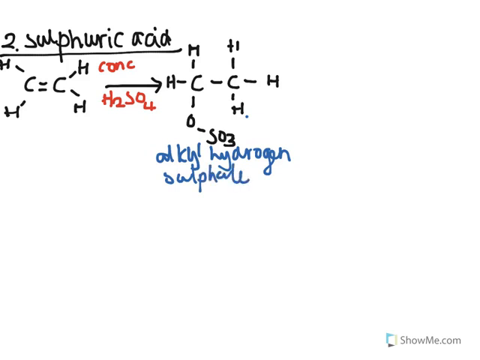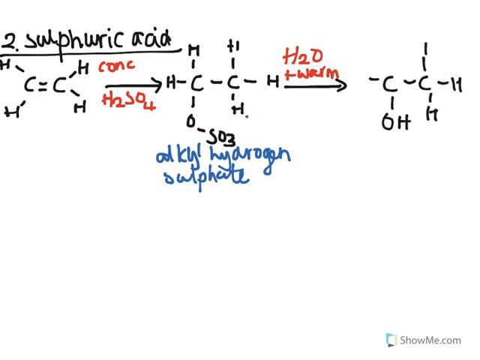This is a very useful intermediate stage, because then if we add some water to this and warm it, we can flush the acid part of the molecule off to leave behind an OH group.